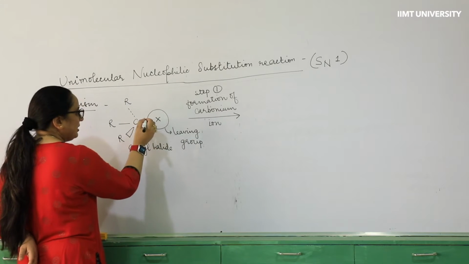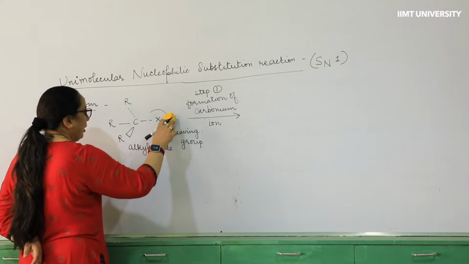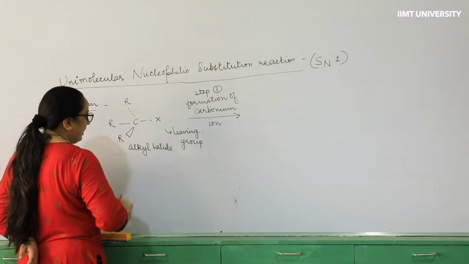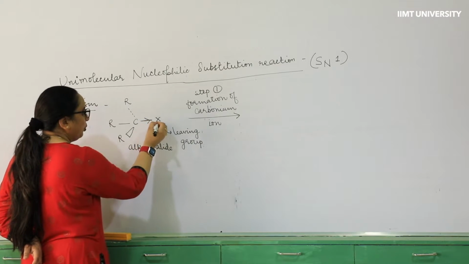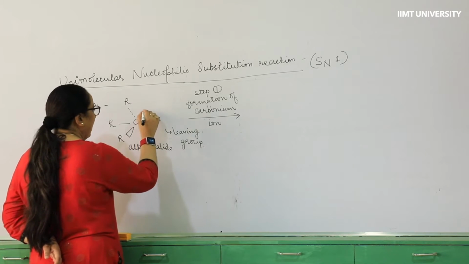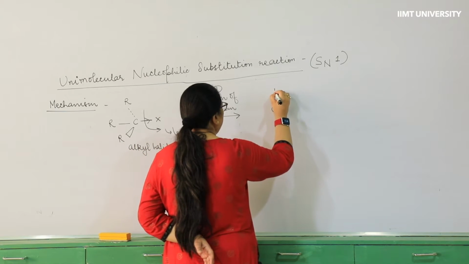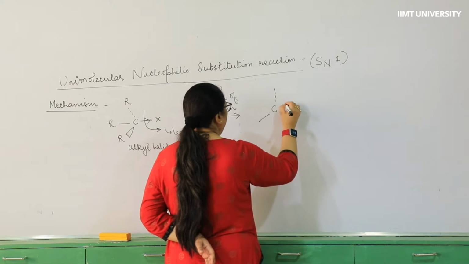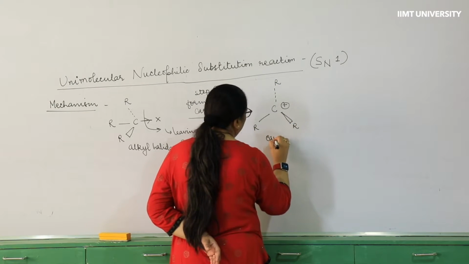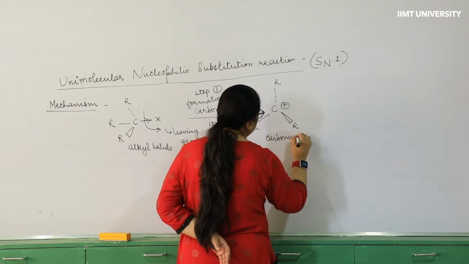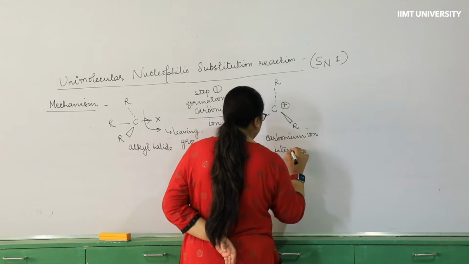That is, this leaving group, as it is more electronegative as compared to that of carbon, so we can say that this bond pair of electrons will be strongly attracted towards the halide, and this halide will be finally detached from the carbon, resulting in the formation of carbonium ion. This is the carbonium ion, or we can say it is the intermediate, reaction intermediate.